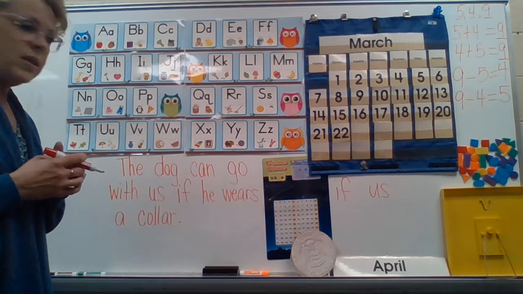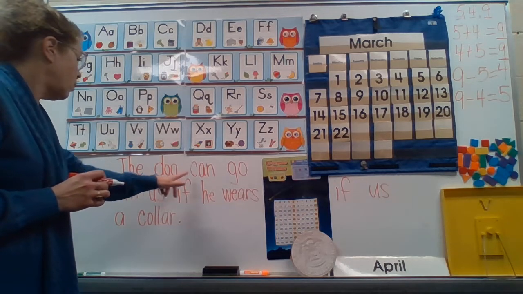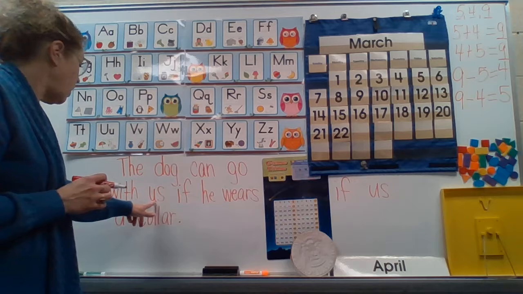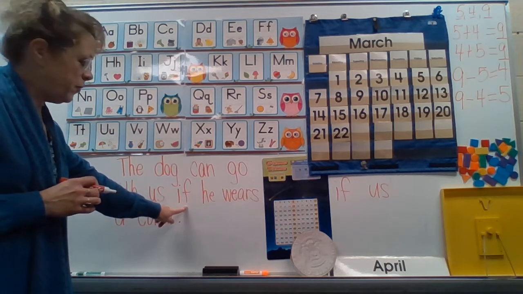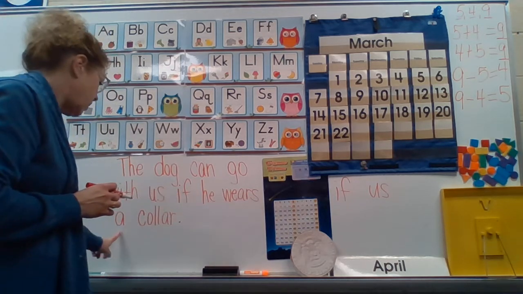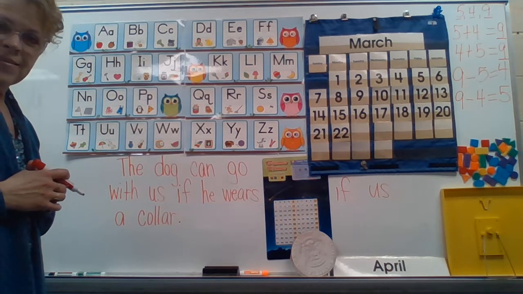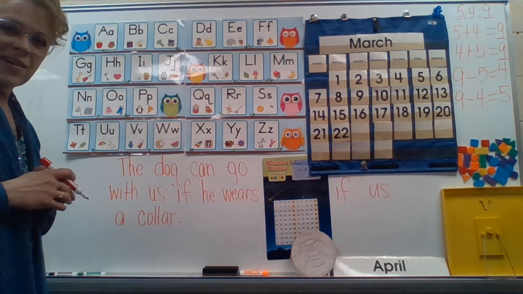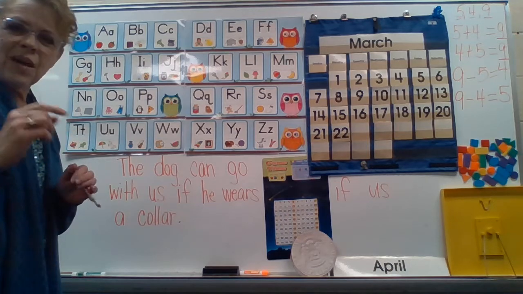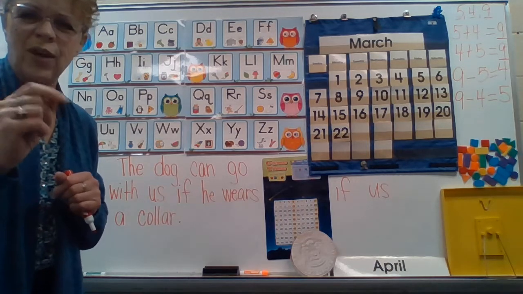Now let's see, let's read it together. The dog can go with us if he wears a collar. All right. See how many times you hear if at your house today.